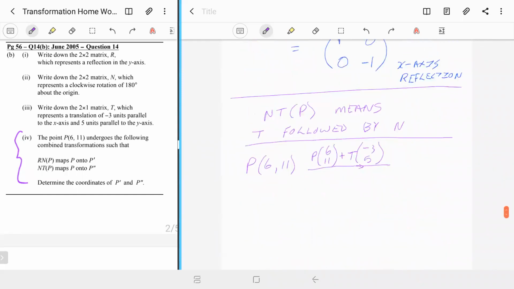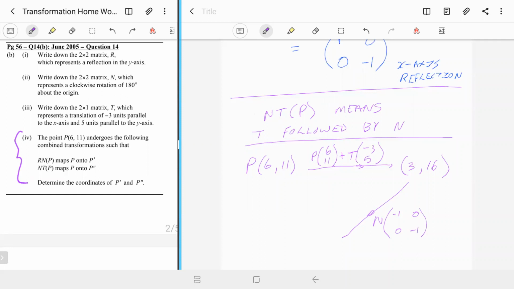So adding the translation takes it to an intermediate point. 6 minus 3 is 3. 11 plus 5 is 16. That's the first part. Second step, I'm now applying N. N is the 180 degree rotation.